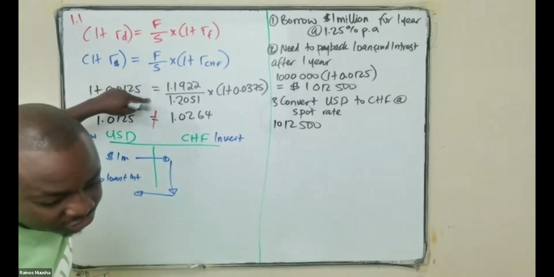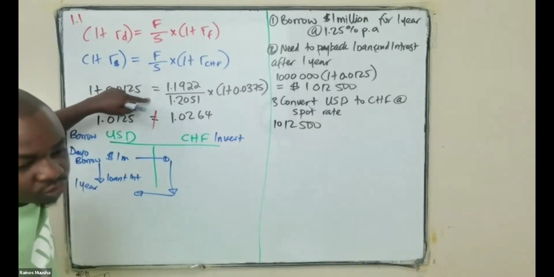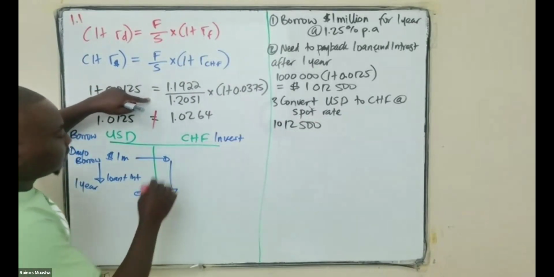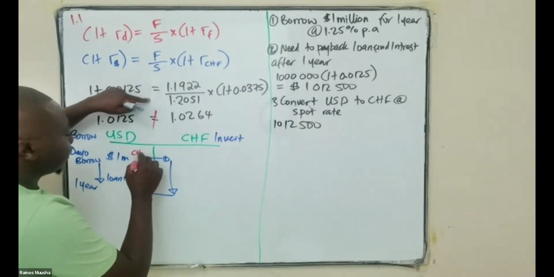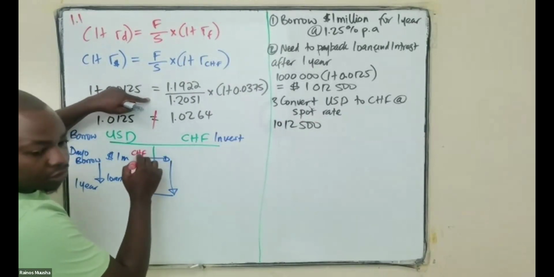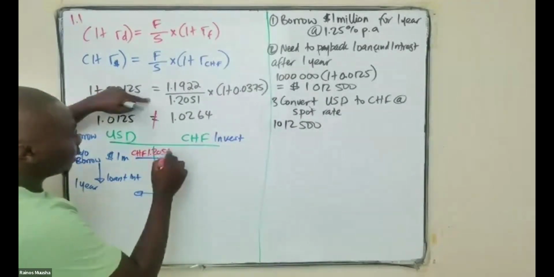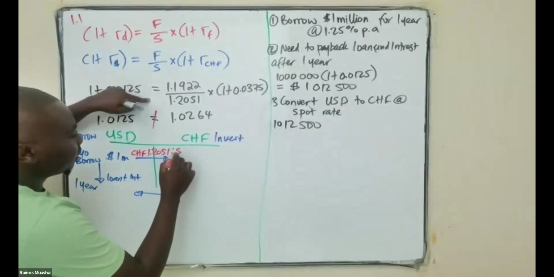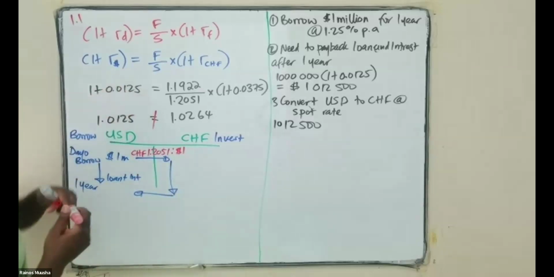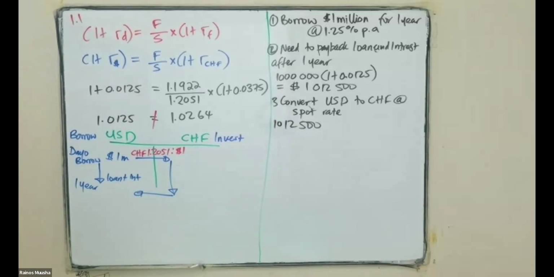the spot exchange rate in this case is equal to CHF 1.2051 per US dollar, isn't it? So if you look at these two currencies, which currency is stronger?